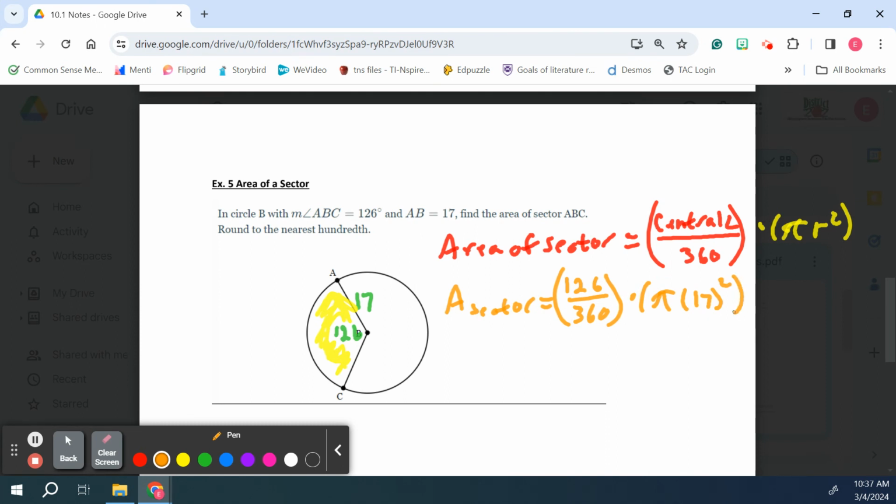Now, all you have to do is type this in the calculator as you see it: parentheses 126 over 360, times parentheses pi times 17 squared. Just punch it straight in, but don't forget the parentheses. And then I want you to round to the nearest hundredth here. So someone tell me, what is that going to be about?